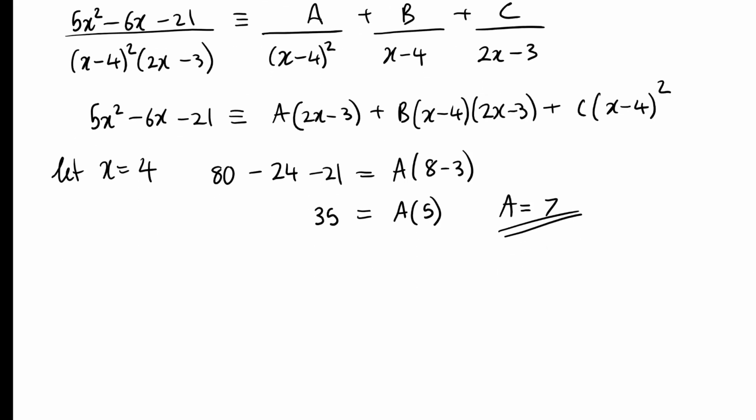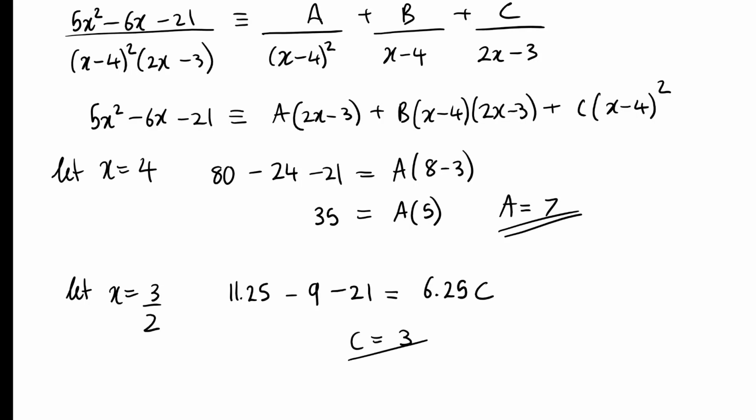And then we need to find b and c as well, so let x equal 3 over 2. So 5 times x squared in that case is 11.25. Then minus 9, 6 times 3 over 2, minus 21 is equal to 6.25 c.